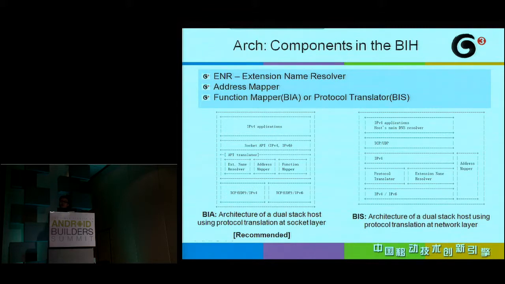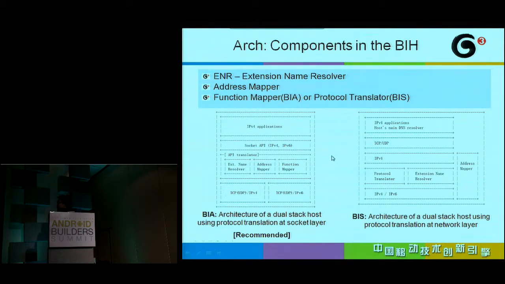The components in the BIH. There are two implementation suggestions in this solution. One is BIA, similar. Another is BIS. BIA is the API translation, and BIS is a network layer IP stack translation. The components are the ENR, extension name resolver, address mapper, and function mapper. Please take a look at these two pictures.